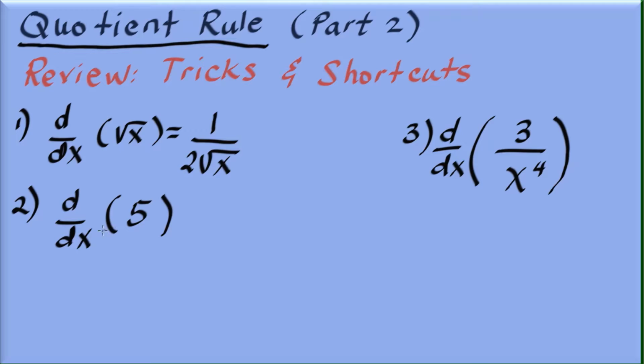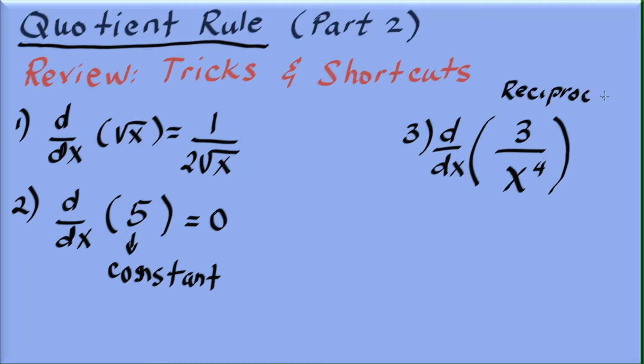Okay. Now, the derivative of constant, so number 2, 5 is a constant. So in general, if it's a constant, its derivative is going to be 0, okay? And number 3, what we have right now is a reciprocal. You know, when you have a variable x in the denominator, that makes this a reciprocal.